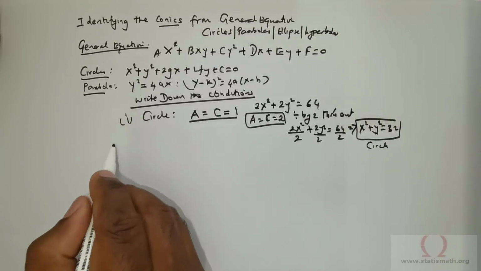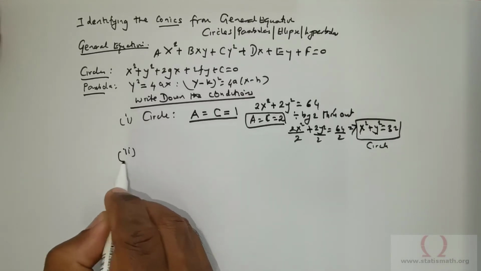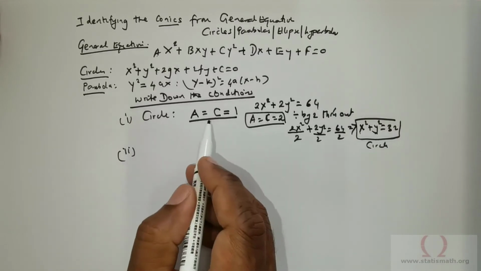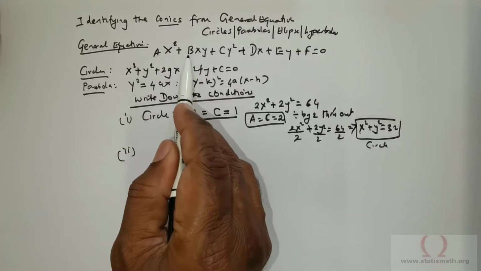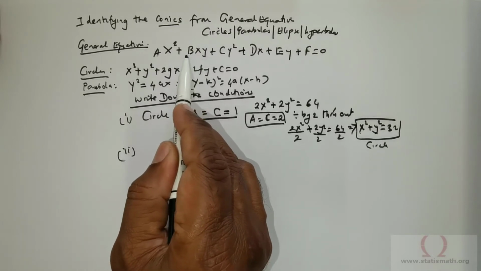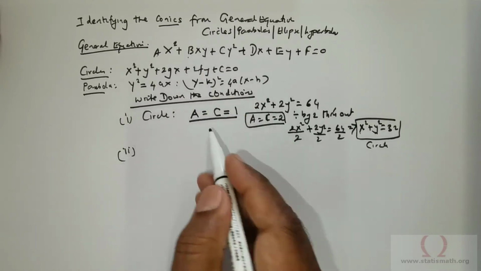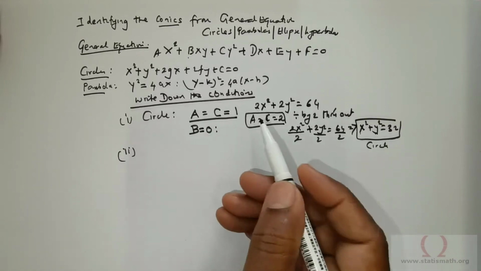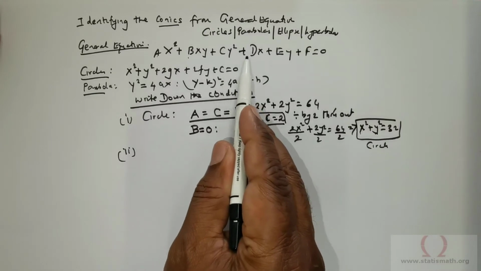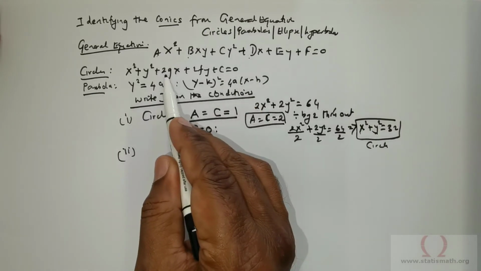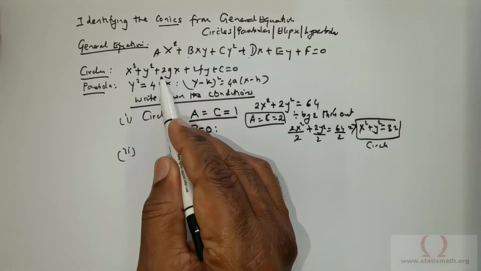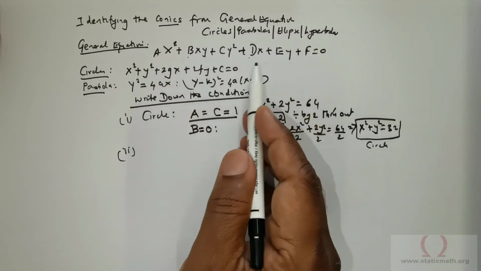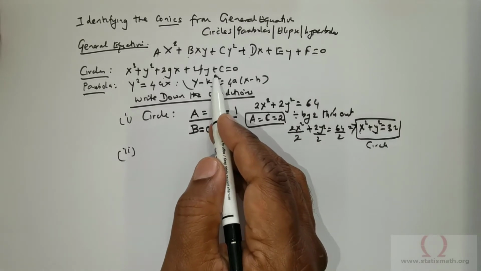Now, having obtained the circle, let us go forward in obtaining the parabola. Before we go to the parabola, you should also note here that the bxy term, in other words, the b term, is actually missing. So we need to add that condition also. So b should be equal to 0. Of course, in this case, you also have to note that d is taking the place of 2g, e is taking the place of 2f, and f is taking the place of c.